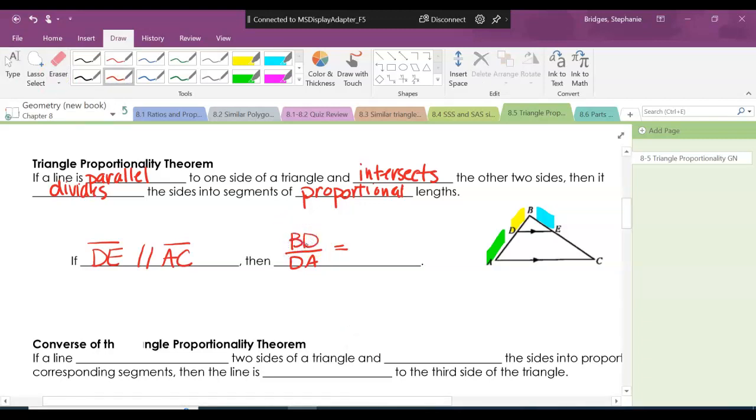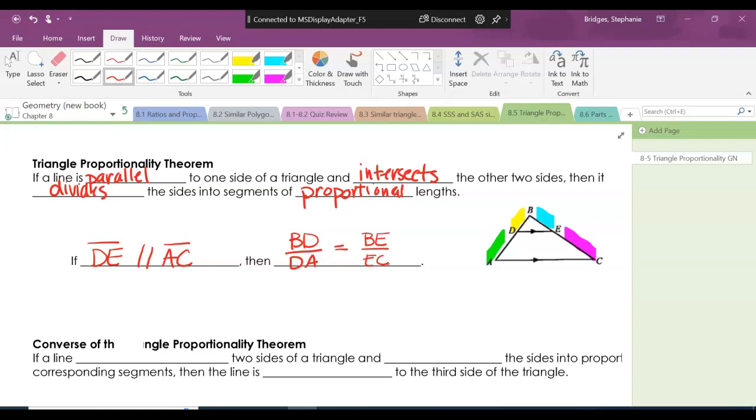Okay, and then on the other side, the small segment at the top, BE, is going to go over the segment at the bottom, EC. So the top piece over the bottom piece equals the top piece over the bottom.